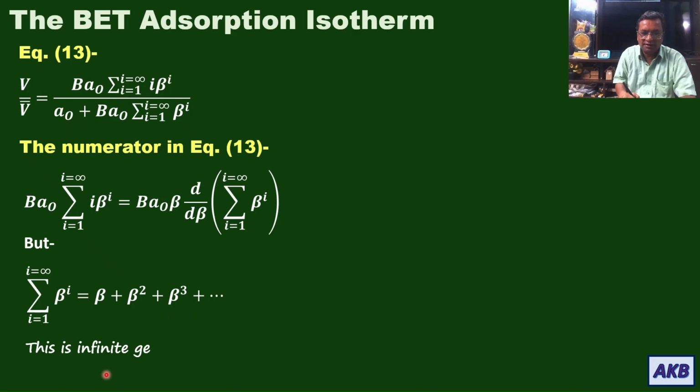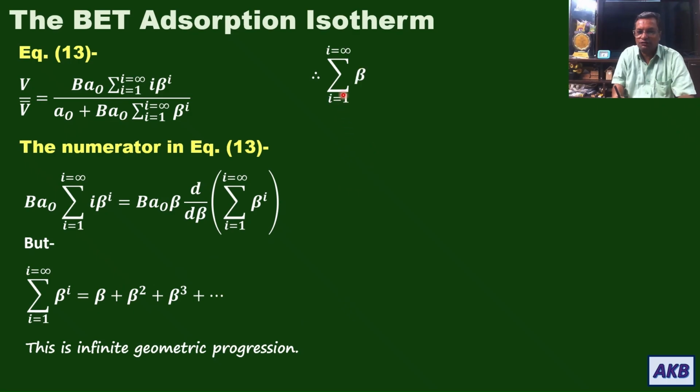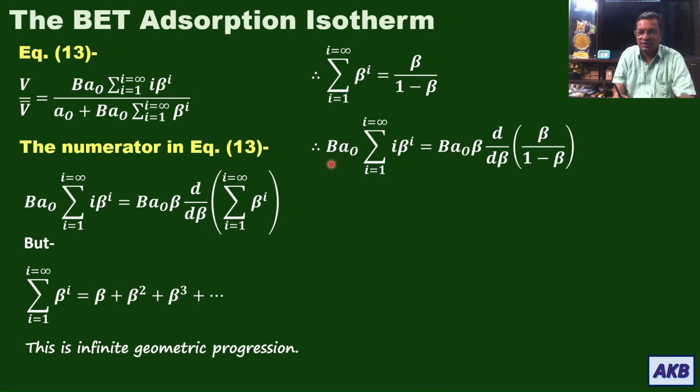So this is nothing but an infinite geometric progression, and you have one formula for that. What is that formula? Summation where i goes from 1 to infinity of beta^i is beta upon 1 minus beta. Therefore, if you use it, you'll get b into a naught into summation of i beta raised to i, where i goes from 1 to infinity, equal to b into a naught into beta into d by d beta of beta upon 1 minus beta.